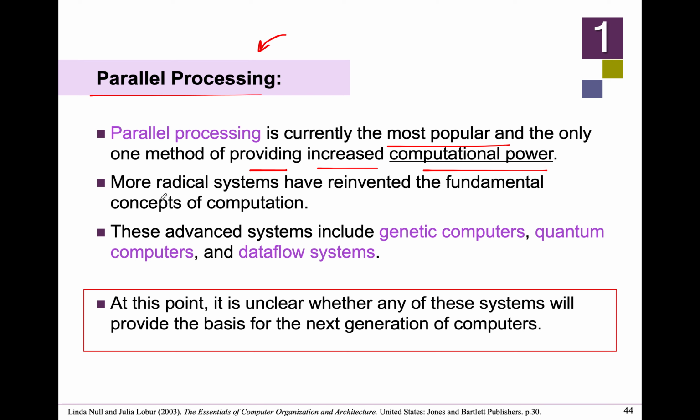More radical systems have reinvented the fundamental concept of computation. These advanced systems include genetic computers, quantum computers, and data flow systems. At this point, it is unclear whether any of these systems will provide the basis for the next generation of computers.